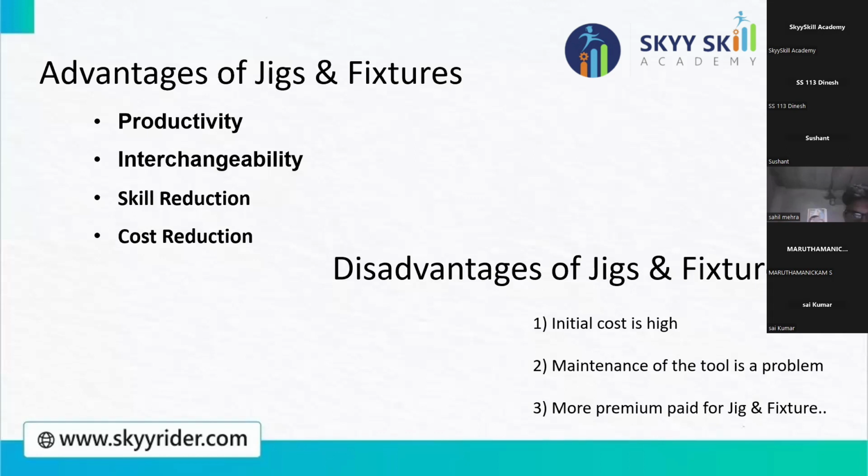And also the premium paid for jigs and fixtures is higher, because we are investing a lot in the design, the manufacturing, and even the assembly of the component, everything is considered. So obviously the initial cost and the premium are too high.